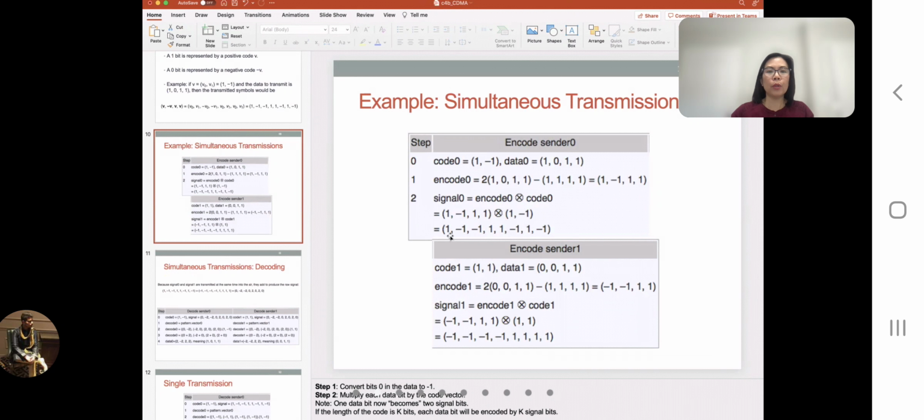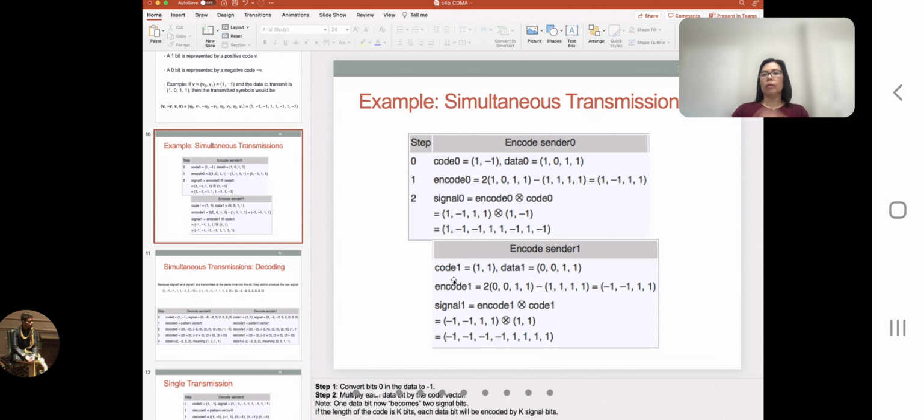And you can see that if we transmit them at the same time, then we add the signals together. So the signal now will become 1 plus -1 is 0. Then -1 plus -1 is -2. -1 plus -1 is -2. 1 plus -1 is 0. 1 plus 1 is 2. -1 plus 1 is 0. 1 plus 1 is 2. -1 plus 1 is 0.